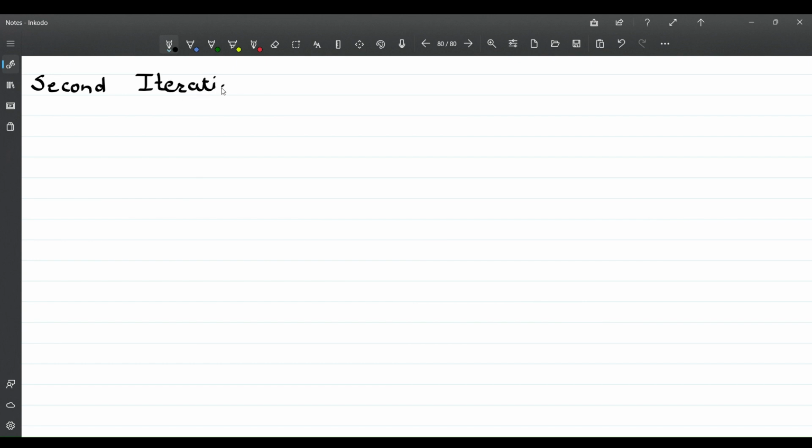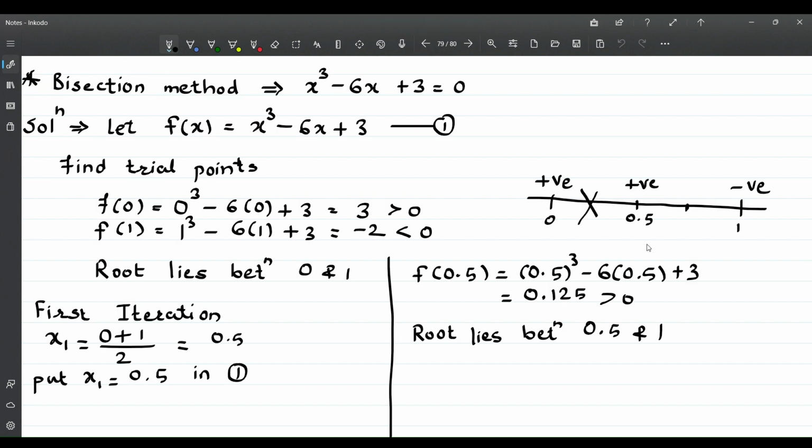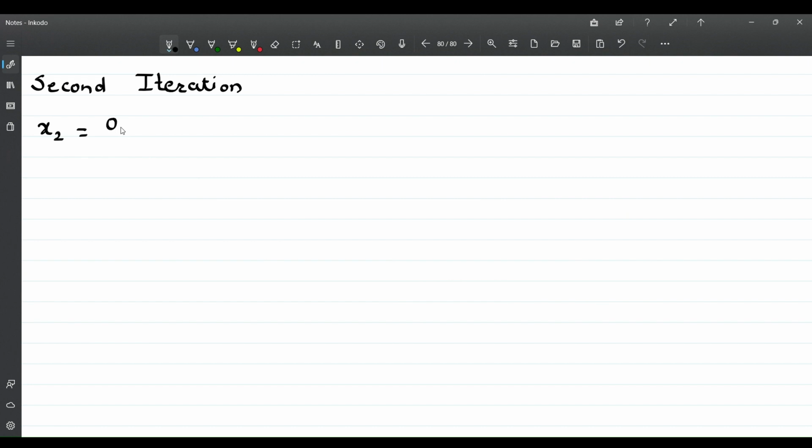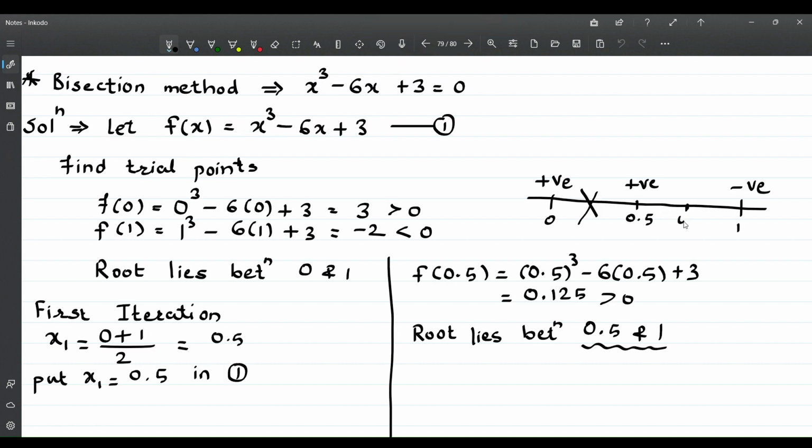Second iteration means x2, and the addition of these two new trial points, 0.5 plus 1, is 1.5, divided by 2 is 0.75. So in this line we have to write here 0.75.